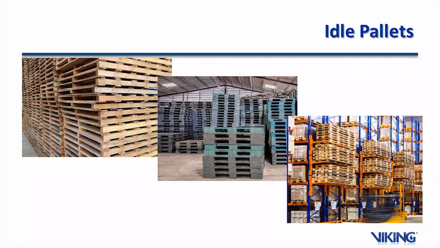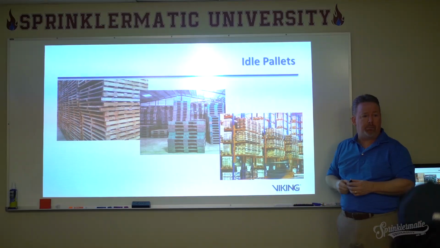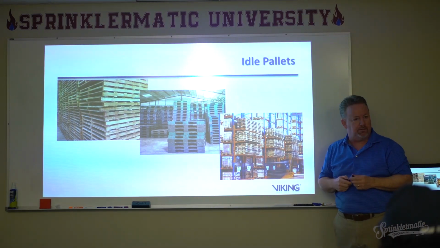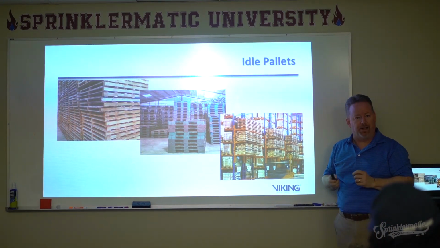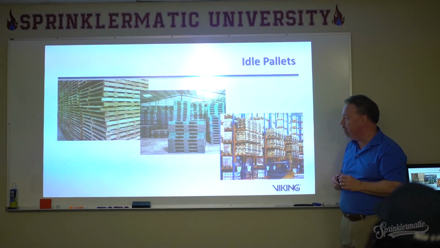Protection of idle pallets. Again, idle pallets are a big fire hazard right there, and plastic ones in particular. The best way to protect idle pallets is outside the building. Get them outside. That's the best way to provide that protection.